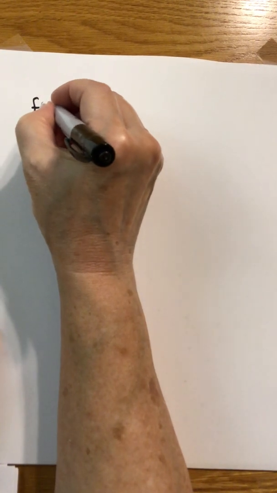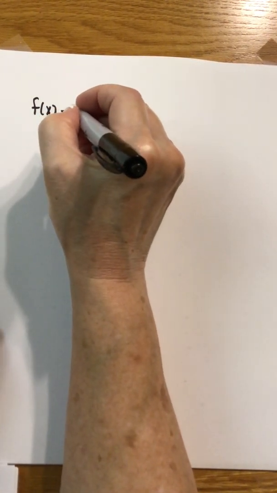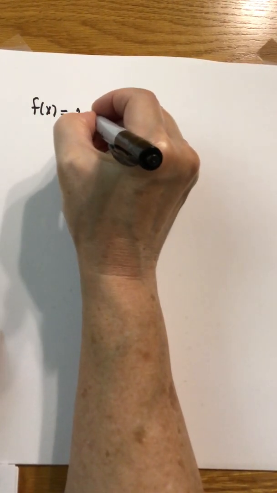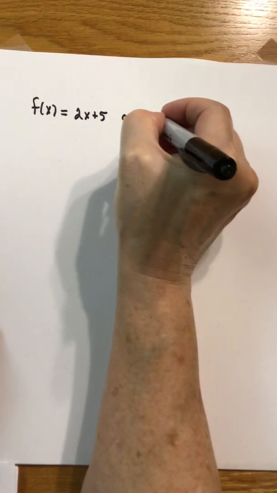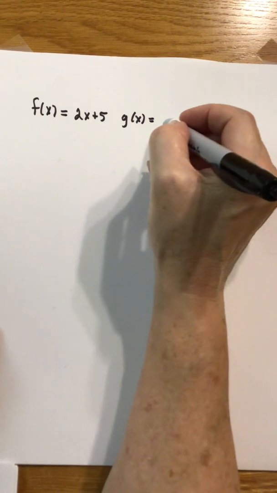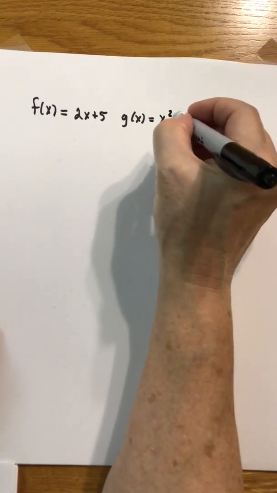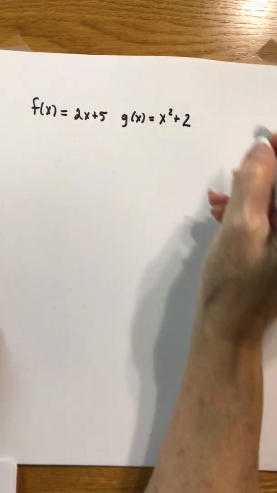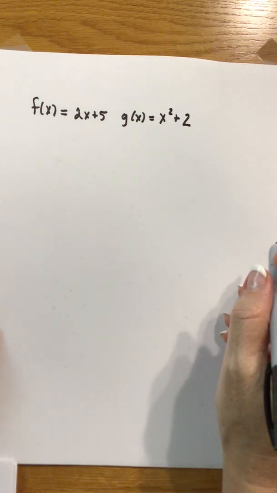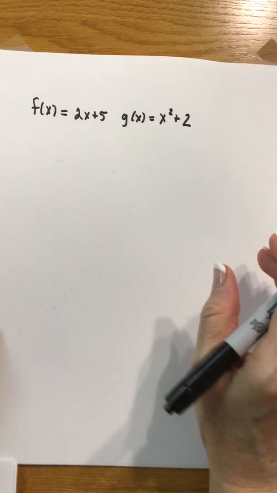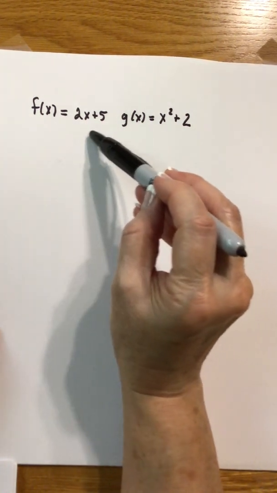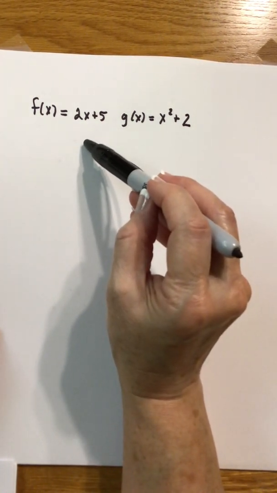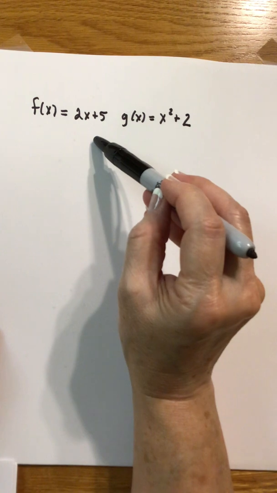Okay, so we're going to have f of x equals 2x plus 5, and g of x equals x squared plus 2. All right, now, again, before we go into composition, I want to just look at some prior knowledge again. This 2x plus 5 is what kind of function? A linear function.